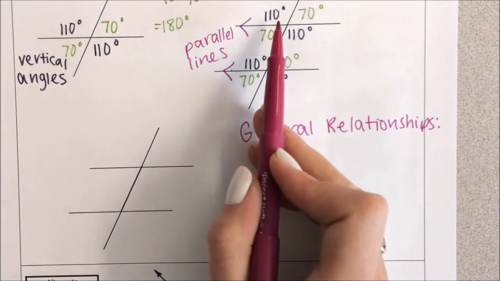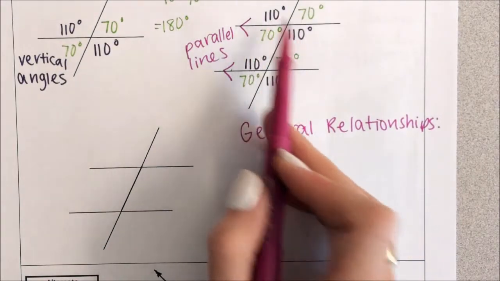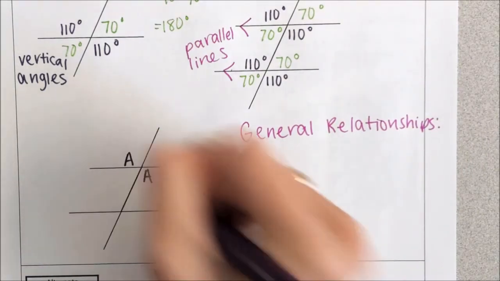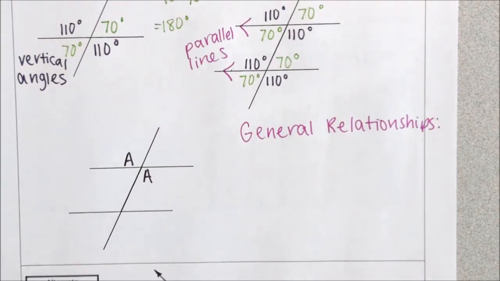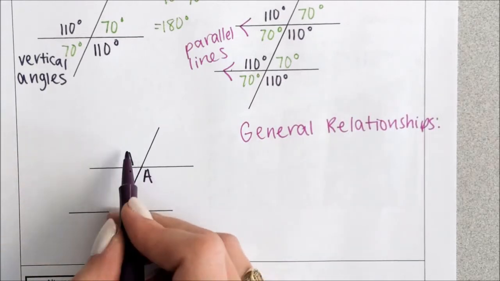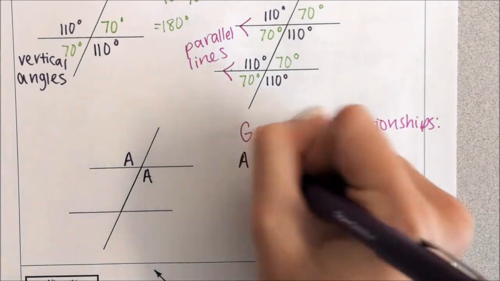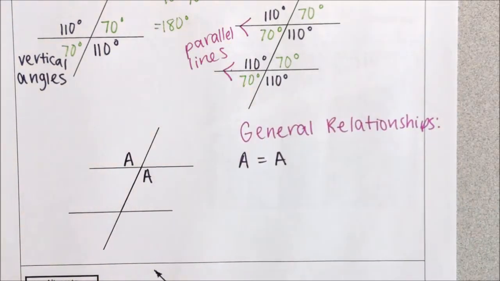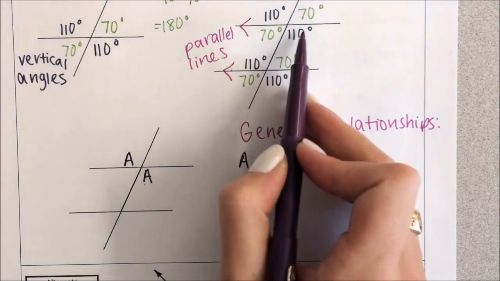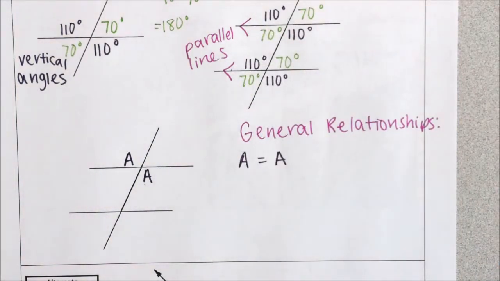So if we look up here again, we had 110 and 110. Those are the same. I'm going to change those and put a letter. I'm going to call them A. They're going to be angle A. So when our angles are across from each other, we've named them both A because A is equal to A. It's the same letter and it's the same angle measure, just like we learned from vertical angles.